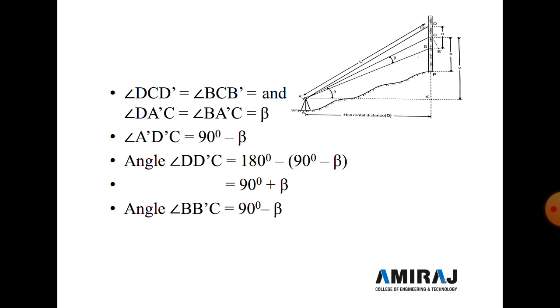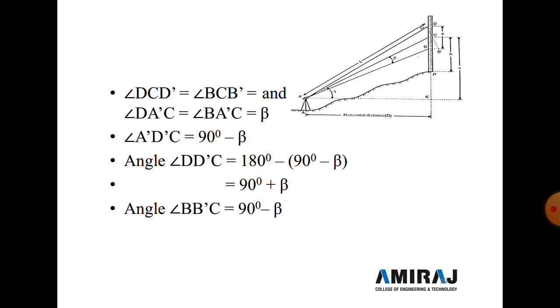Clear? Now angle A dash D dash C is 90 degrees minus beta. We already have this angle, so 90 degrees minus beta. Now angle D dash C is 180 degrees minus (90 degrees minus beta), because the total angle on this line is 180 degrees.